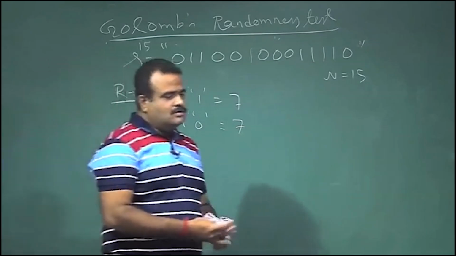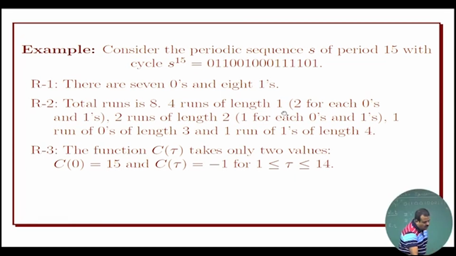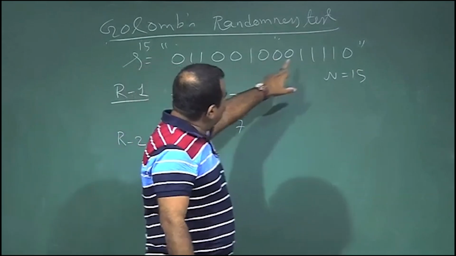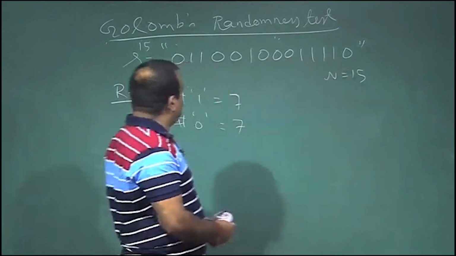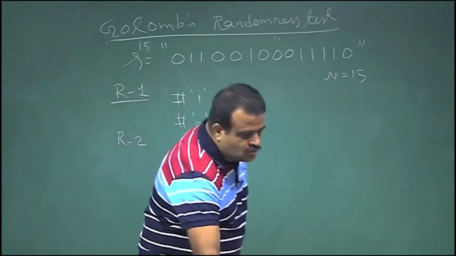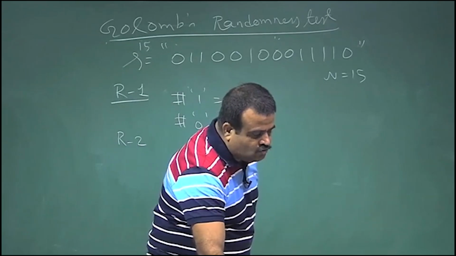Among these, this rule is telling that half of the runs should be of length 1. Half means 4 runs should be of length 1: 1 2 3 4, these are of length 1. And 1/4 of the runs should have length 2; 1/4 of 8 is basically 2.